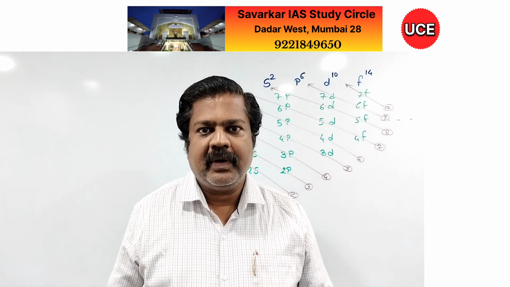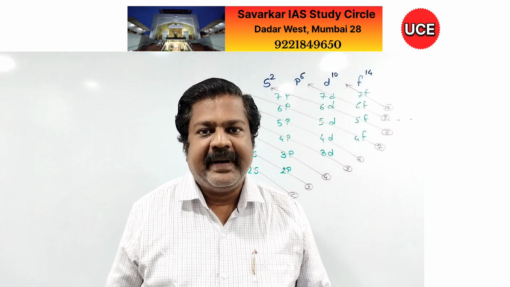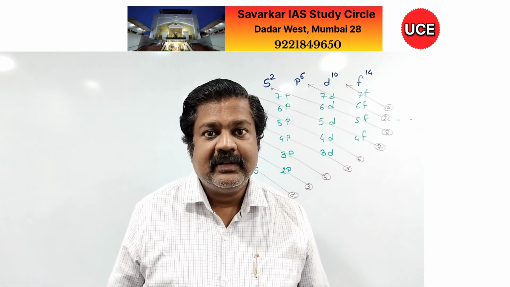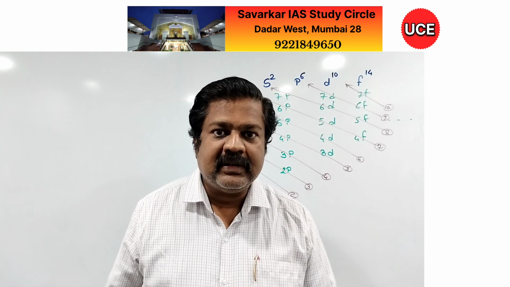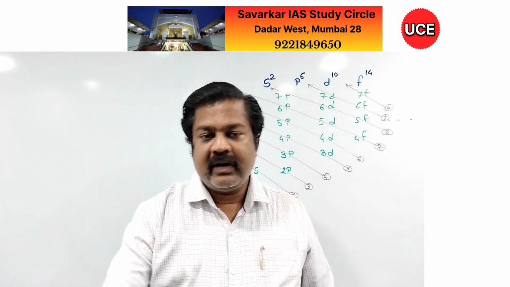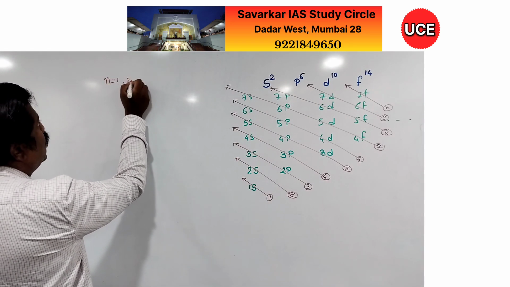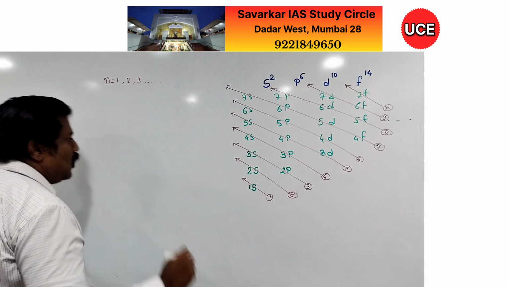The first quantum number we have to study is called the principal quantum number. We have discussed that there are shells that we are calling n equal to 1, 2, 3 and so on.